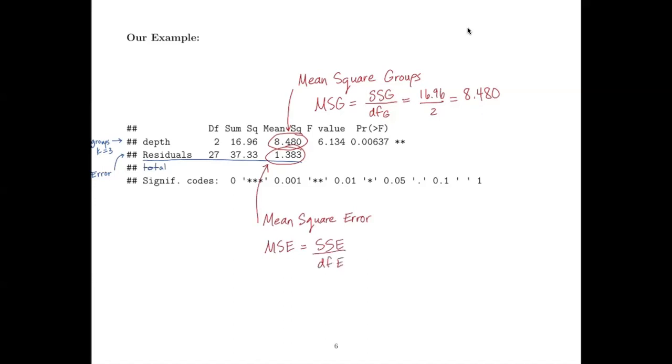So we're just dividing across. In this case, we've got 37.33 divided by the 27. That's how we get the 1.383. So this is the variation between groups. This is our measure of variation within groups.